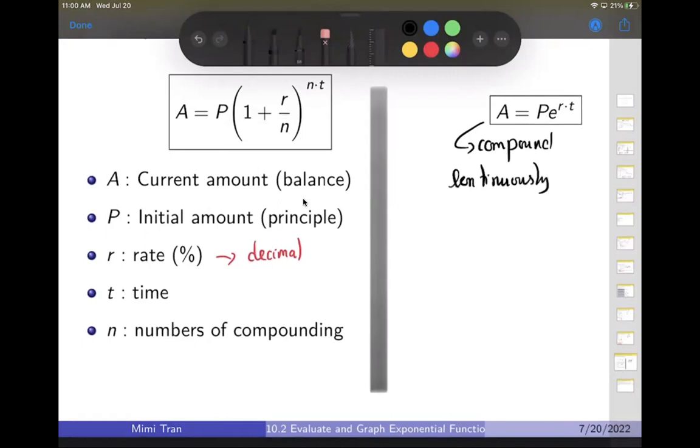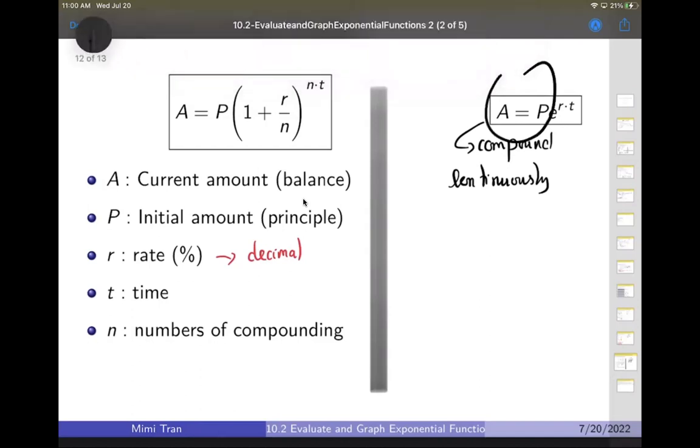That means instead of compounding yearly or annually or semi-annually or even daily, you keep hitting that computer. It's compounding all the time, every moment, every second, right? Just keep pressing that enter key. Just keep compounding continuously. Then you use this formula.